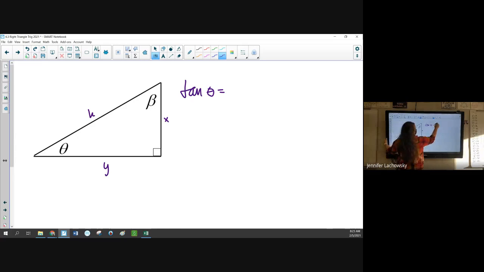X over y? So what do you think is going to be the cofunction to tangent? Okay, good. So cotangent of beta is equivalent to, is it y over x or x over y?